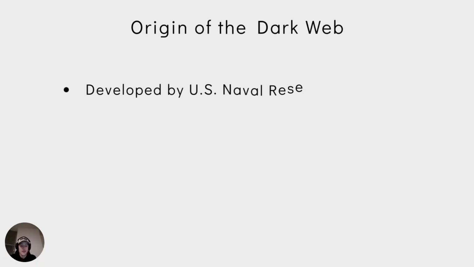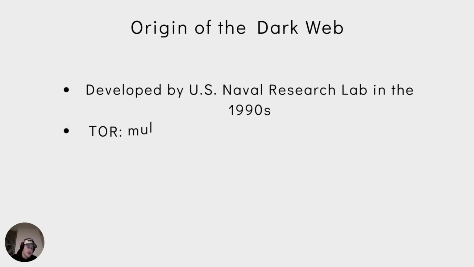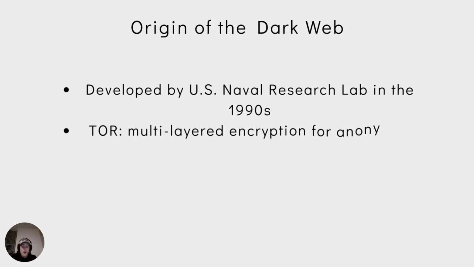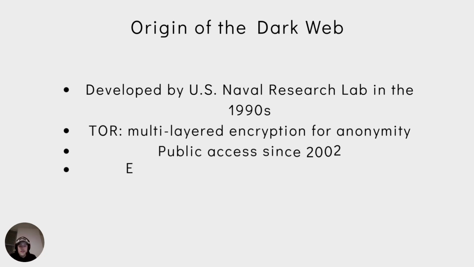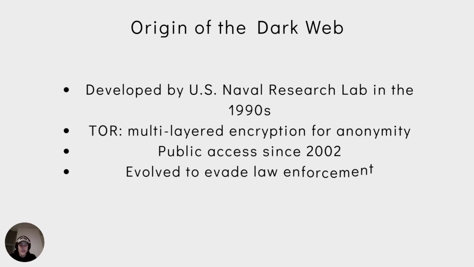Next one. The origin of the dark web. Originally, the dark web came through in the 1990s when the U.S. Naval Research Lab created the Onion Router, or Tor, to originally protect government communications, so, like I said, the multiple layers of encryption.